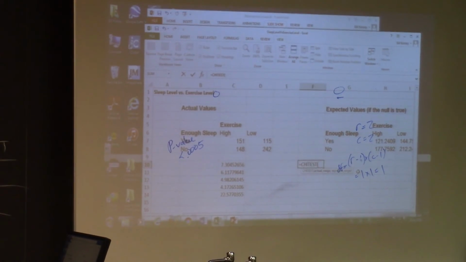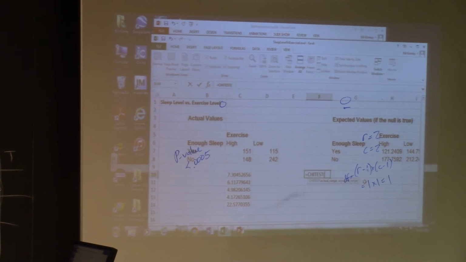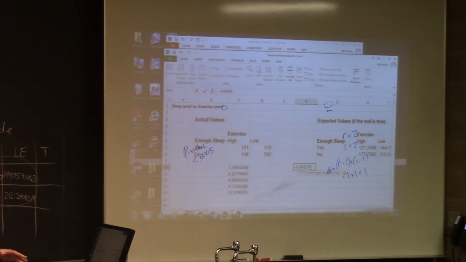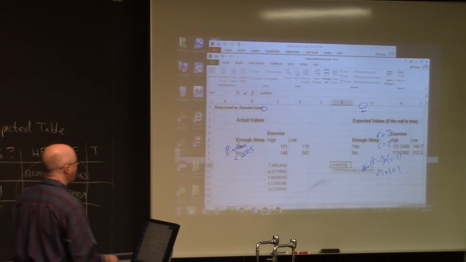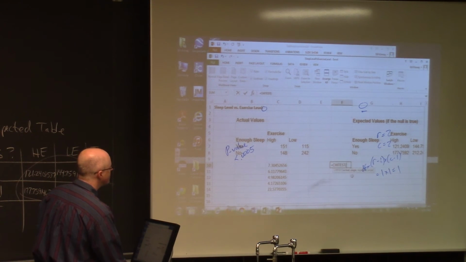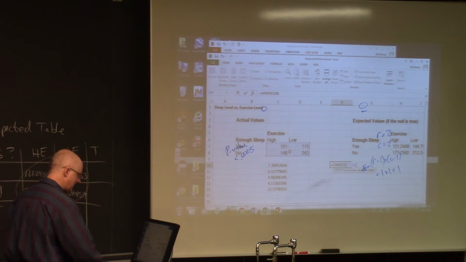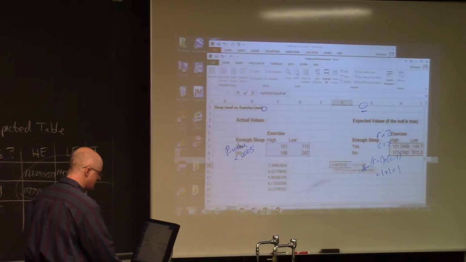I actually meant to do CHITEST, but I did CHIDIST by accident, and that was why it didn't quite work the way I expected. If you want to do CHITEST, it says actual range, comma, expected range there. Highlight the actual values, then put a comma, then highlight the expected values.